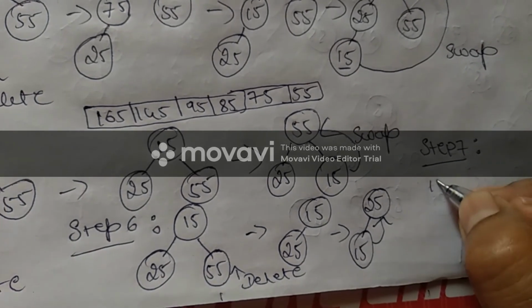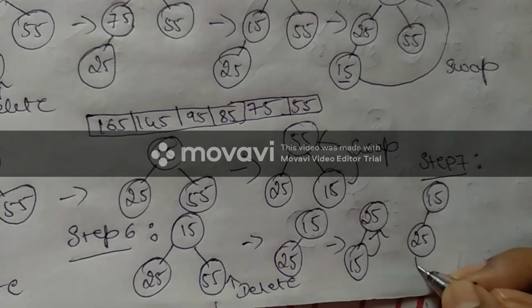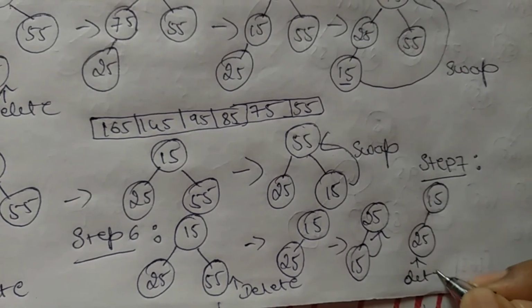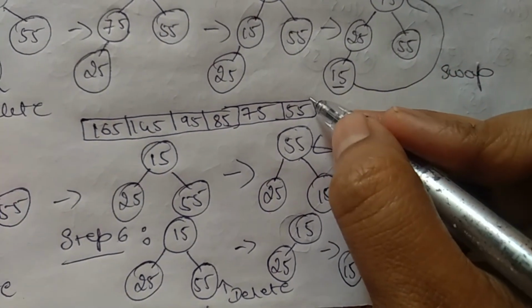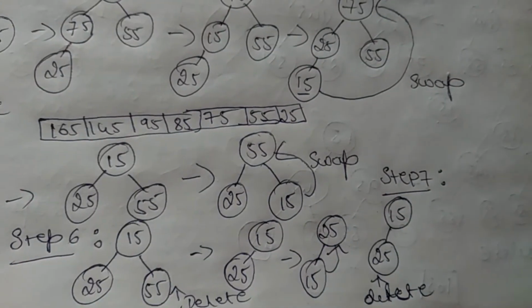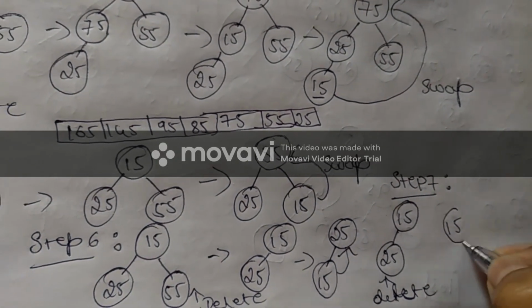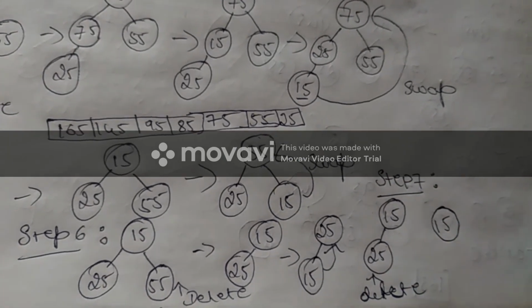What is step 7? Swap 15 and then 25 will come here. We just delete this. If I delete 25, 25 also will come here. Okay, then remaining is only 15. No need to swap anything because only one element is there.